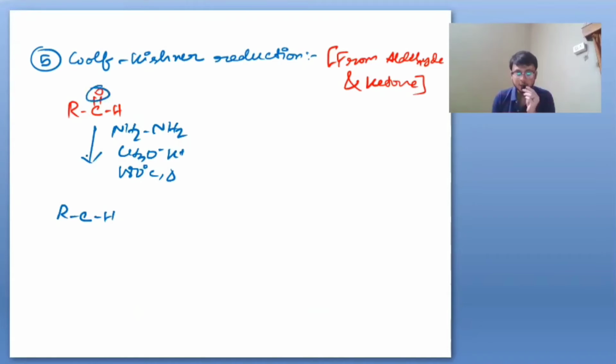That is, we write it without its double bond O and add 2 hydrogens in the place of it. So it gives us RCH3. Okay, but its reagent is different. And it also gives us alkane from the aldehyde and ketone. So just remember the name of the reaction, that is Wolff-Kishner reduction, and the reagent of it. Okay, because they ask you the name reactions.